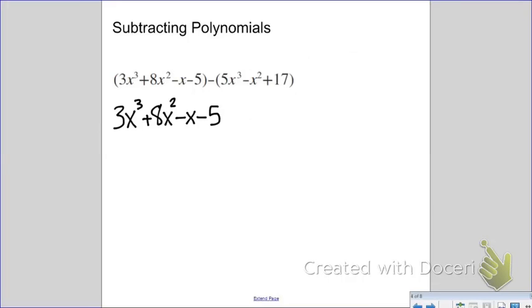But when you look at the second one, you need to realize that this minus sign is being applied to not just the 5, but also that negative 1 and that 17. More or less, you need to apply it by actually switching all the signs. In other words, you are kind of like multiplying by negative 1.